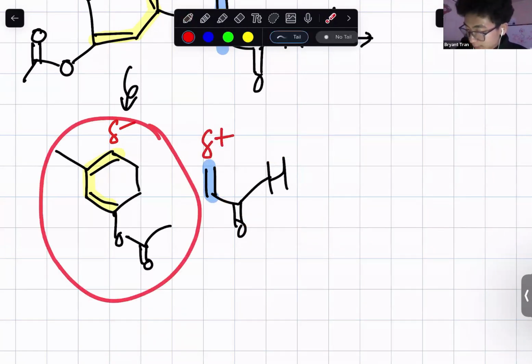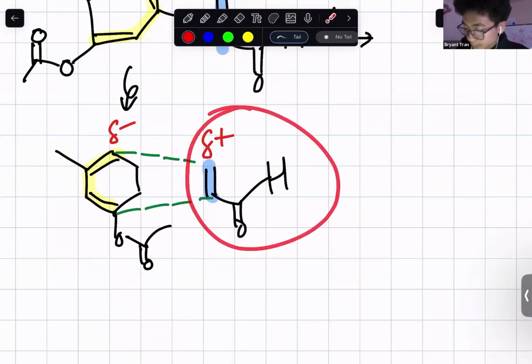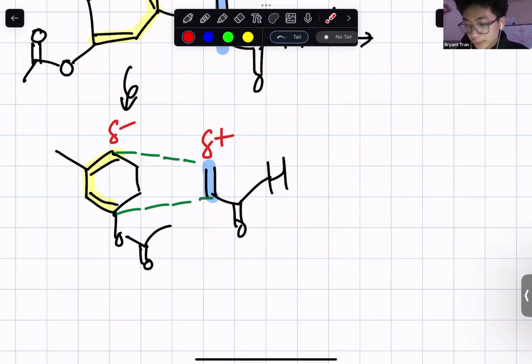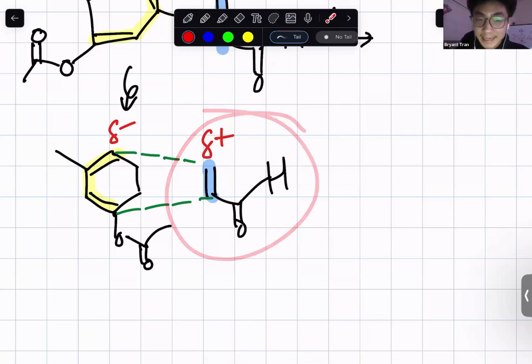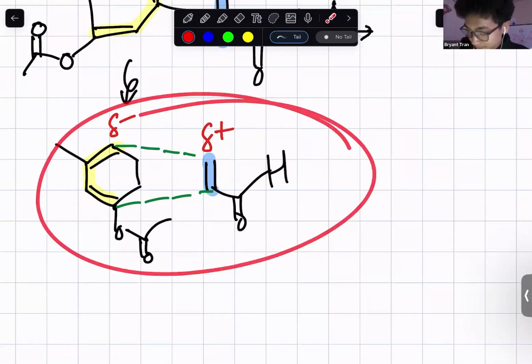We drew the diene and dienophile in the right orientation where the charges align, opposite charges attract, so we can proceed with the mechanism. If, however, they did not align, like if the positive charge here was down instead, or the negative charge was down instead, you gotta flip one of them upside down. I like to flip the dienophile upside down because it's smaller and easier to flip and redraw. But in this case, we don't have to do that here.